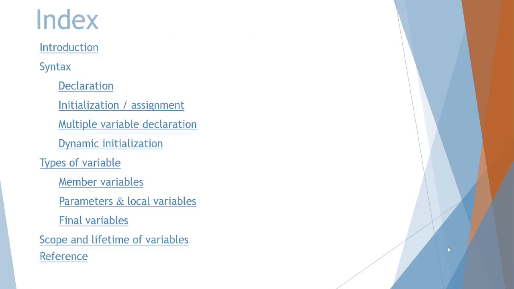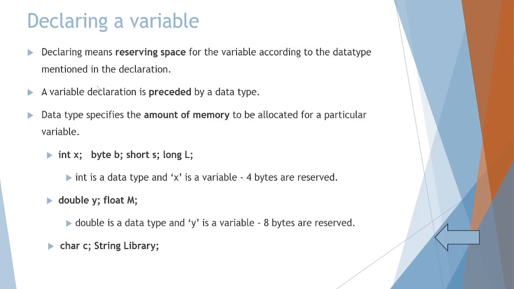Now, syntax. First of all, let's see how to declare variables. Declaring means reserving space for a variable according to the data type. And all variable declarations should precede, variable name should be preceded with a data type, proper data type.